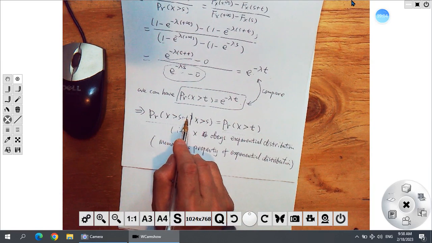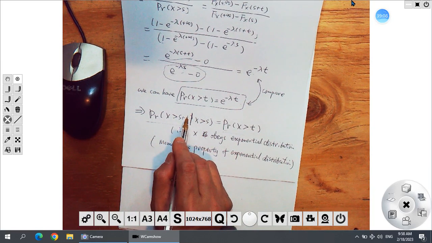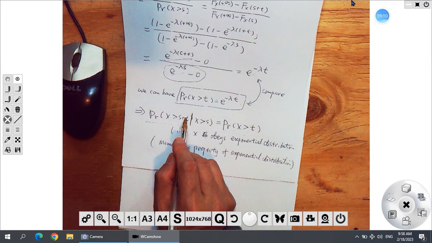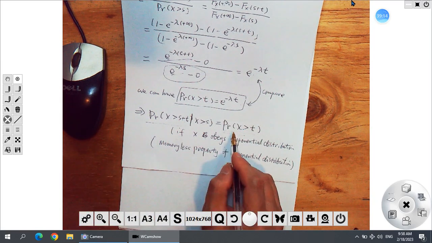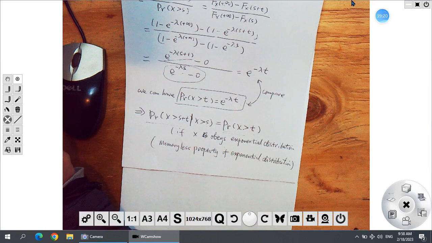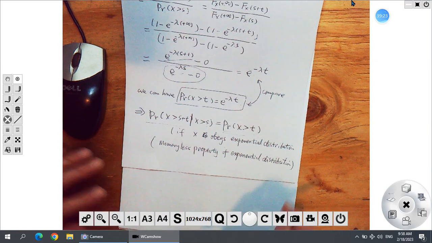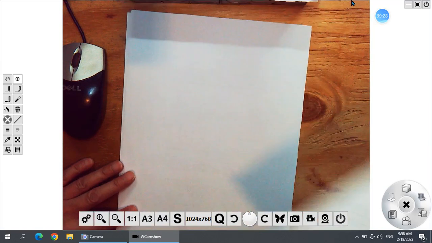Based on the condition, you have more values here, then you just use this value to calculate the probability. So the behavior is like the variable totally forgot what the condition is. That's the memoryless property. Alright. Any questions? You will reply.